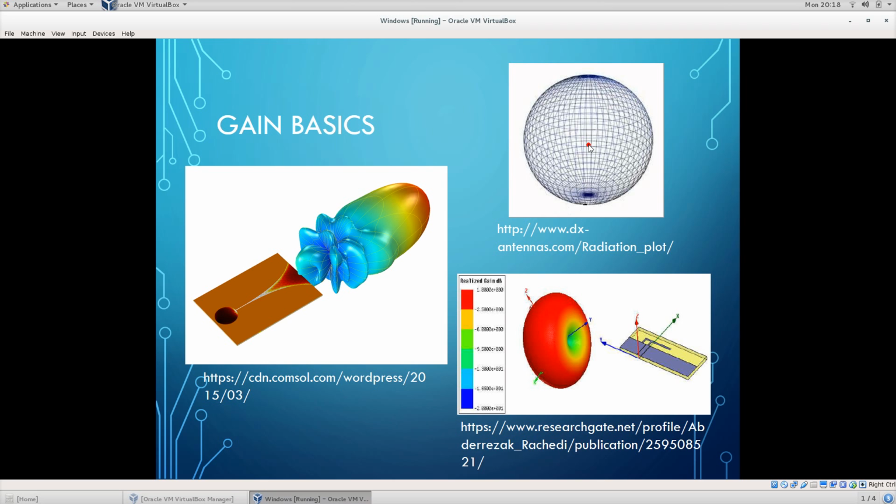You know how the balloon starts stretching and stretching as it gets bigger and bigger? Well, the same thing can be said about the electromagnetic waves that are coming off of an isotropic radiator, or for any radiator for that matter. The idea is that the energy is spreading out, and as it spreads out, you're getting an energy density on the surface of whatever the shape is that you have, and that energy density is getting less and less as you get further and further away from the source.